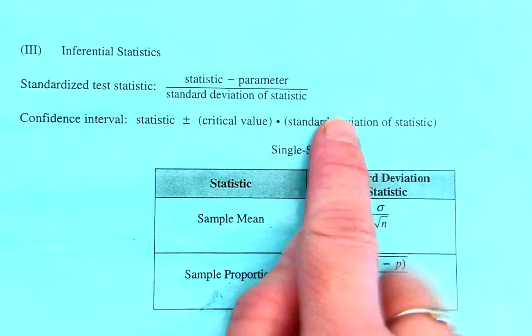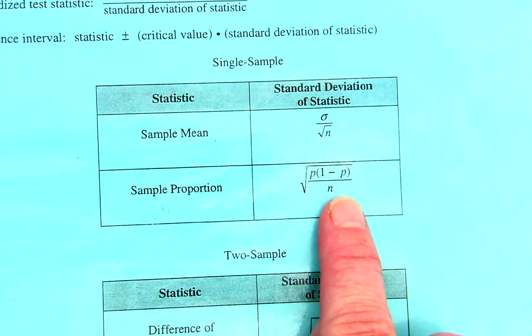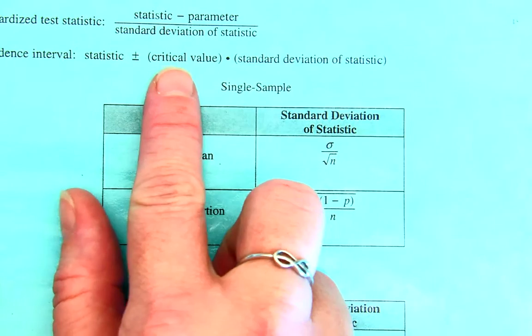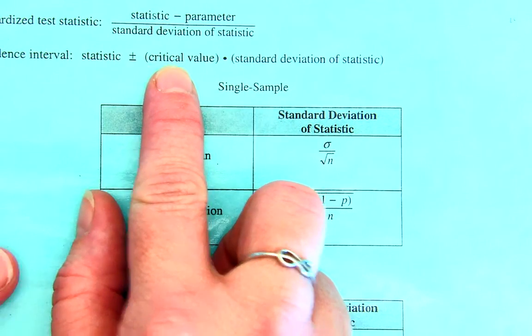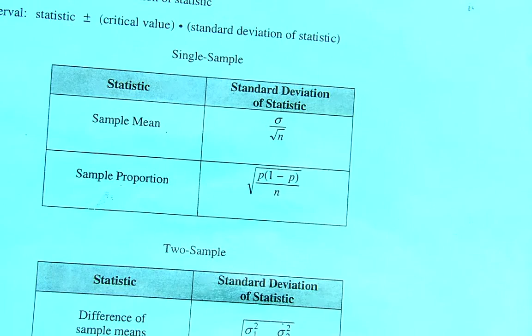So that's how it's written, because your standard deviation is going to depend on if it's means or proportions. So you're just going to take whichever standard deviation you need and plug it in. Critical value comes from the formula sheet, and then your statistic comes from the sample. So all of those are right there. You just need to be able to plug it in.